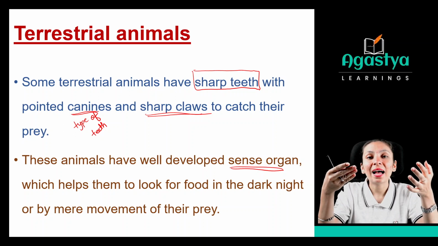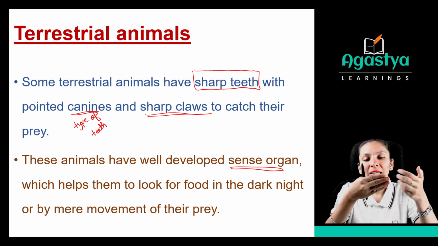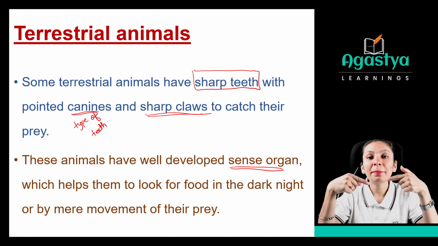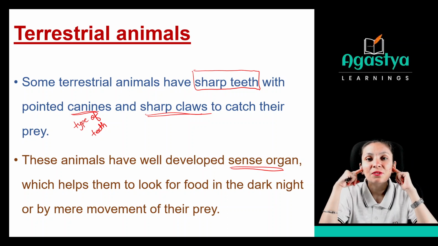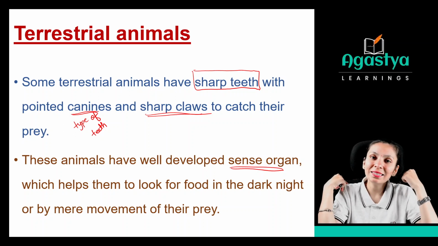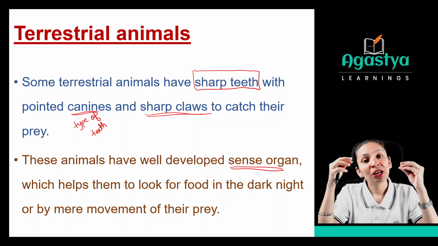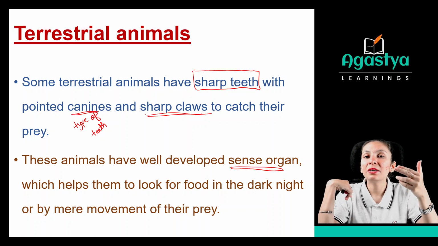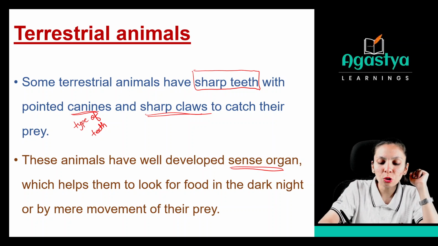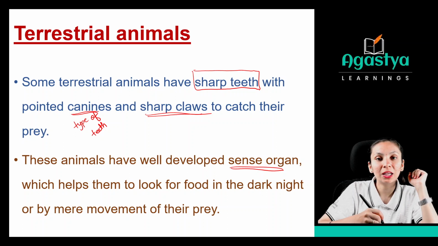These things are sense organs. Skin, which can feel; nose, which can smell; ears, which can hear; and eyes, which can see. So just like that, most of the animals have some kind of sense organs which help them to look for food in the dark night or by mere movement of their prey.